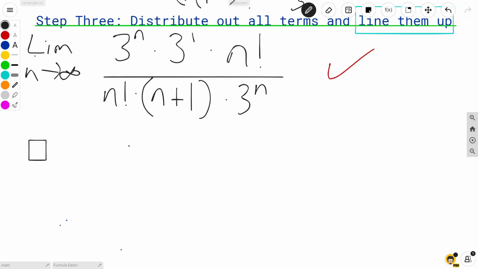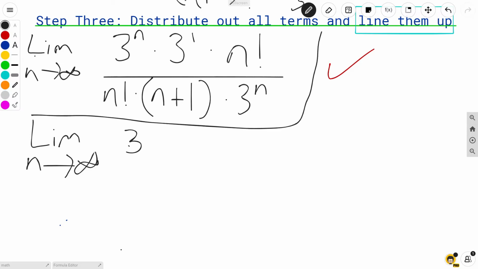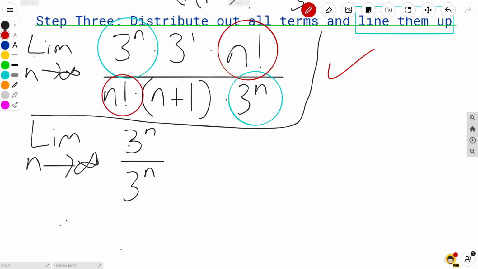So the limit as n goes to infinity of the function, the limit as n approaches infinity of 3 to the n divided by 3 to the n. And all I'm simply doing is uniting the like terms. So these terms are going to go together, and then these terms are going to go together, and whatever is left over is left over.